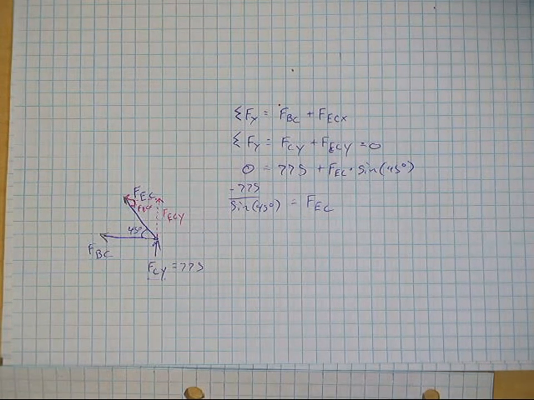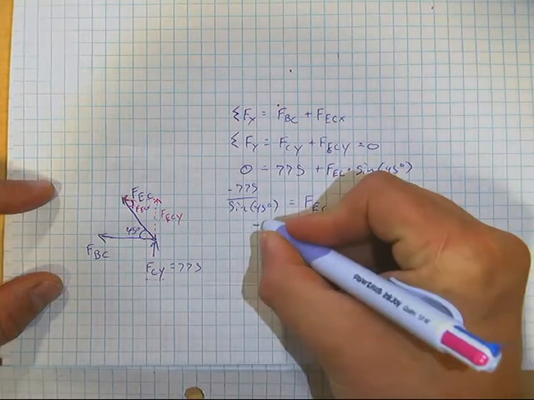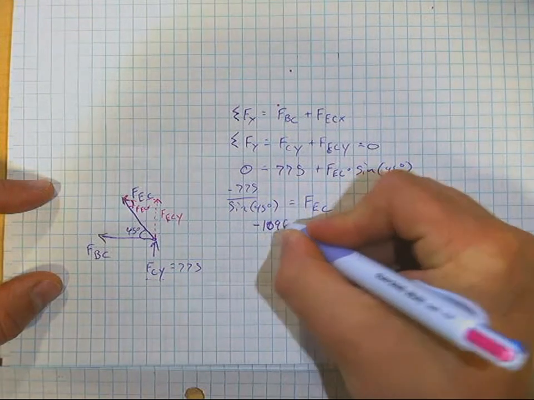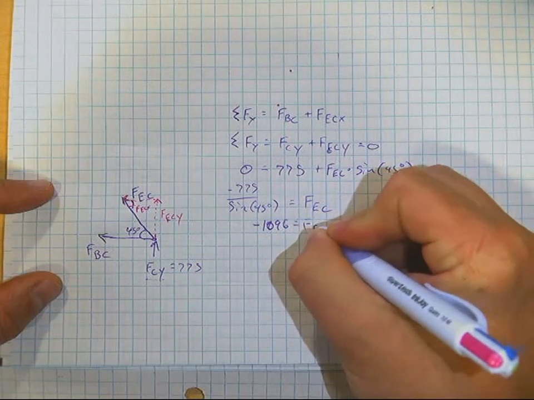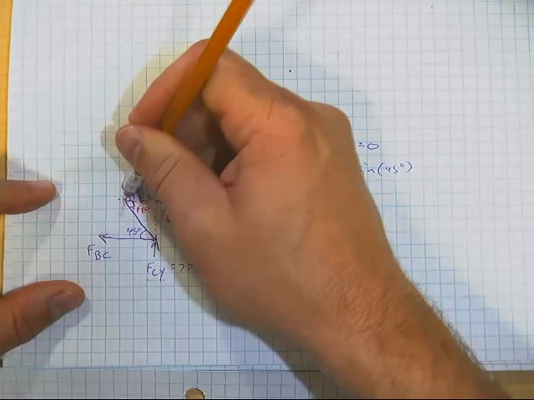So we got negative 775 divided by the sine of 45 degrees. That's going to give us 1096. So it's going to be a negative 1096 equals FEC.